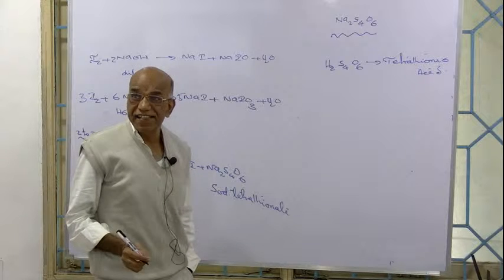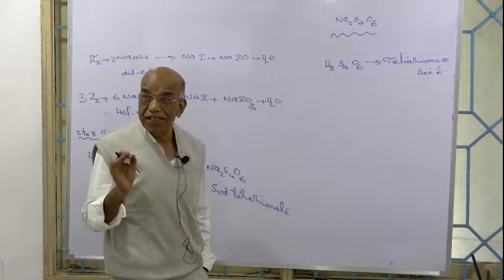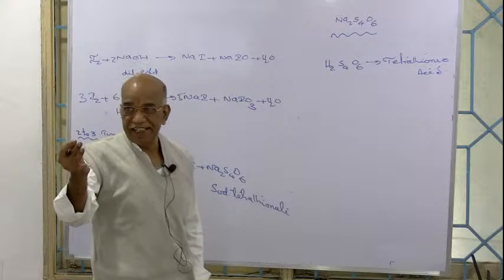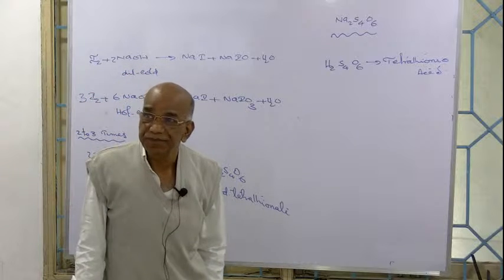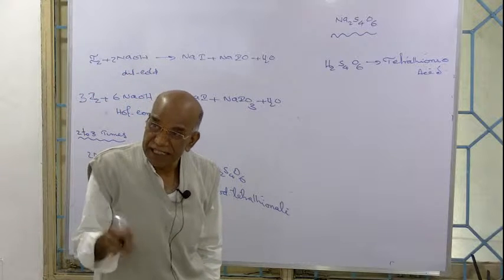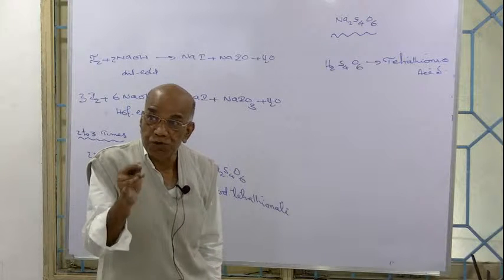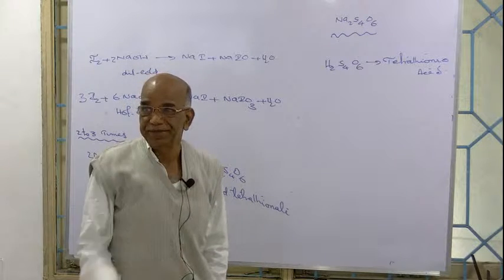Structure writing becomes easy when the basicity is known. This technical point I told you. What is the basicity? Keep that many OH groups on the central atom or atoms.